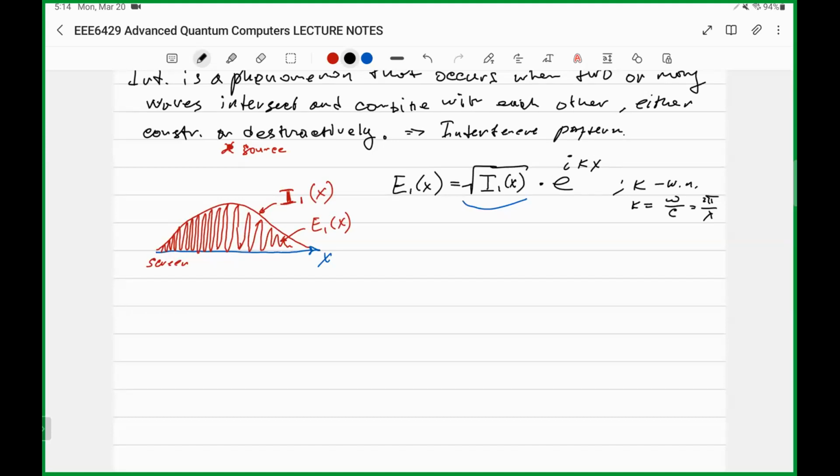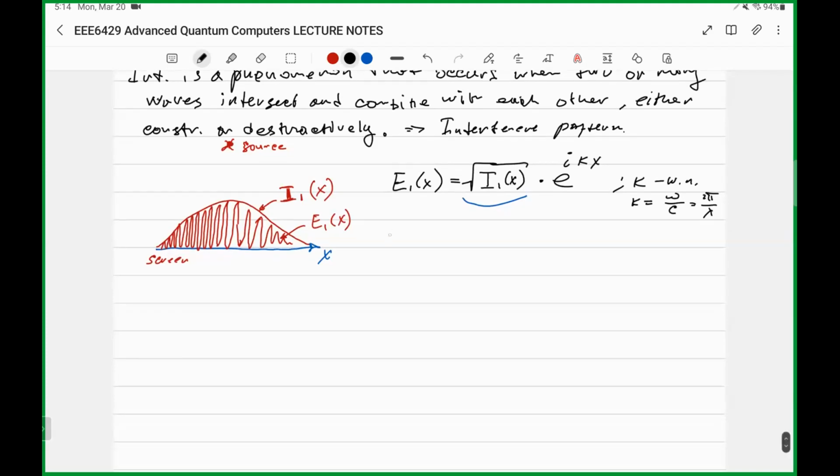Simply because I use units where, when I take the absolute value of the electric field squared, I get the intensity of x, and then e to the power of i k x times e to the power of minus i k x cancel out, so I get 1.